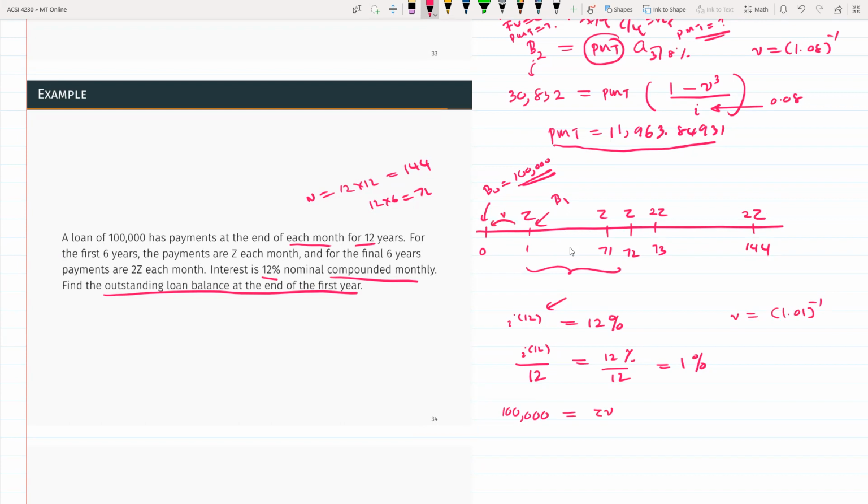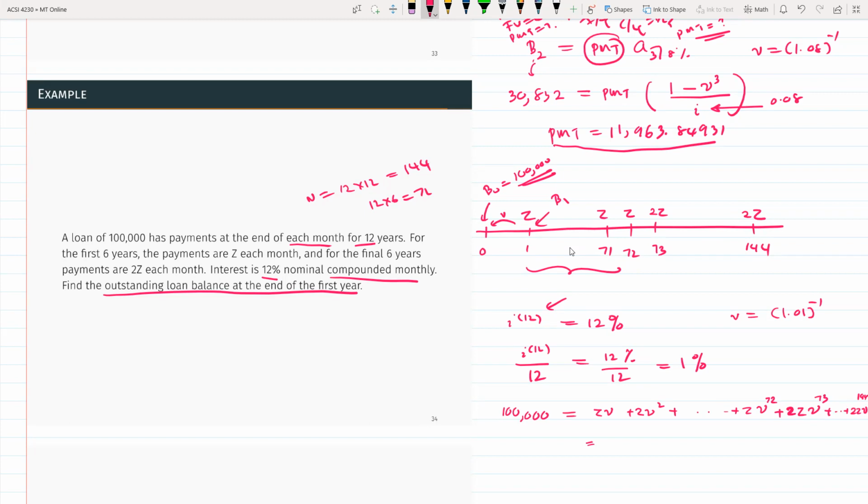Z times V squared, all the way up to Z times V to the 72. Then 2Z times V to the 73, all the way up to 2Z times V to the 144.